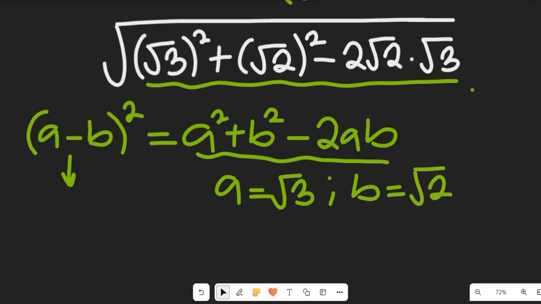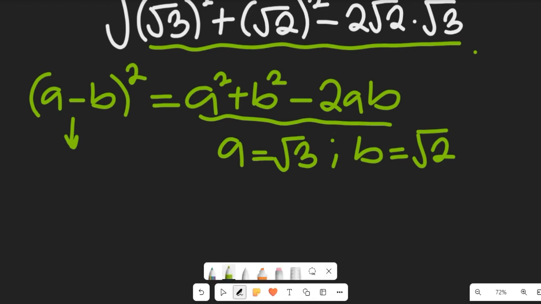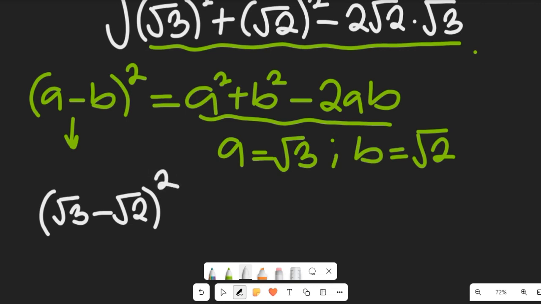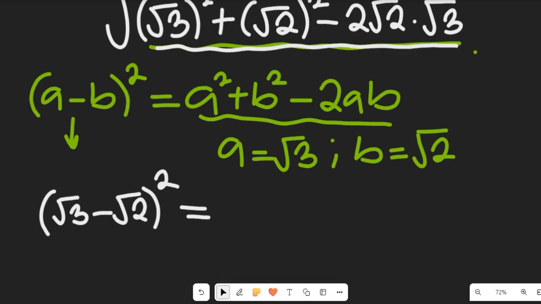So that means this whole expression can give us something like we having the square root of 3 minus the square root of 2 all squared, and that will be equal to this whole expression. So from here you can see that this whole expression is all squared.